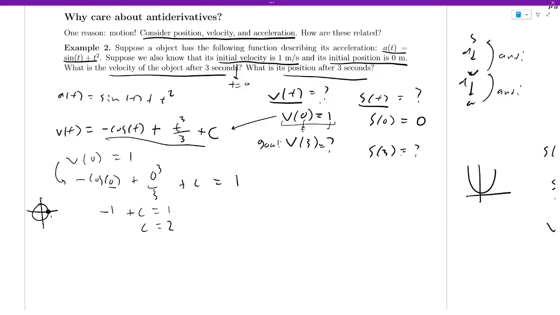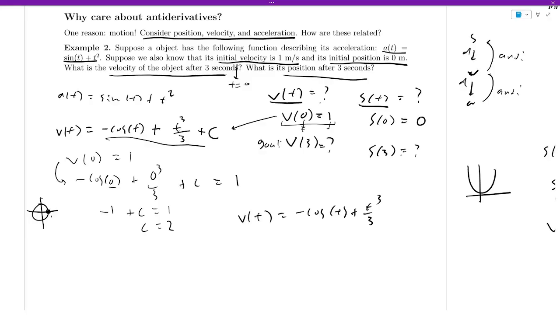So if we had a different initial velocity, we'd have a different c here. That sets the starting point for the velocity, but then the acceleration part tells you how the velocity is changing after that point. So we can write down a final velocity function. Negative cosine t, I'm just copying, plus t cubed over 3.